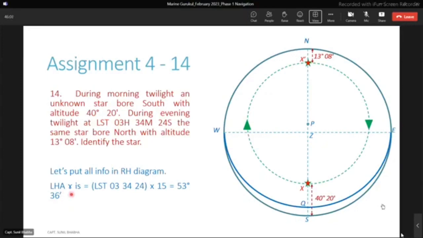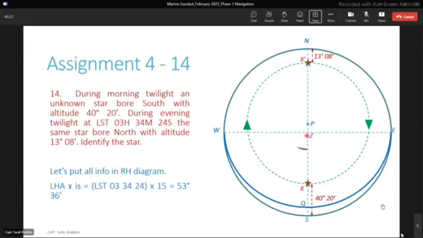Now let's show this value in our diagram here. The observer's meridian is represented by PZQS. This particular line represents the observer's meridian. Now LHA Aries is 53 degrees 36 minutes.